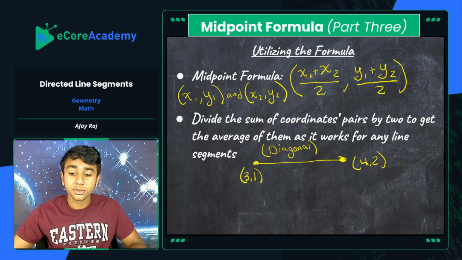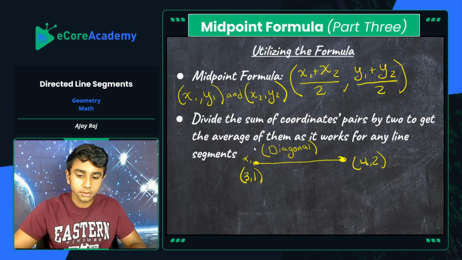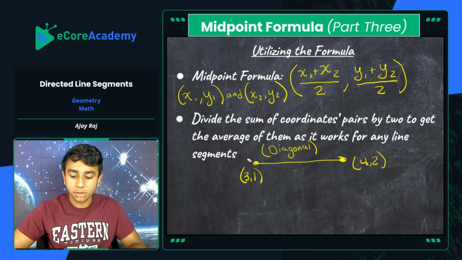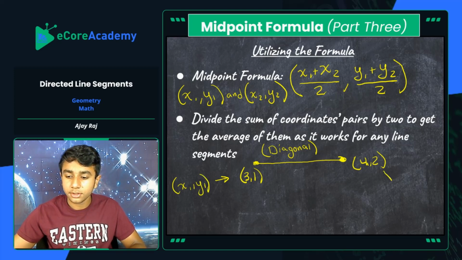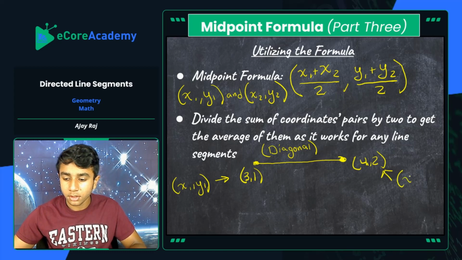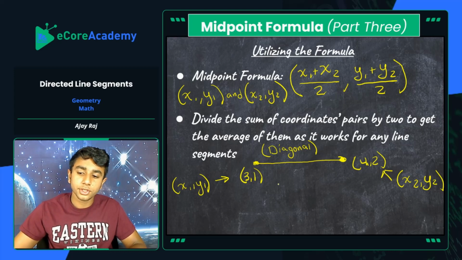The answer to that would be utilizing this formula, of course. So let's say that 3, 1, our first coordinate here, one of the endpoints of our line segment, is x1, y1, and that this coordinate here is our x2, y2. We're going to plug these values into our midpoint formula. So we'll take x1 here, which is our 3 value.